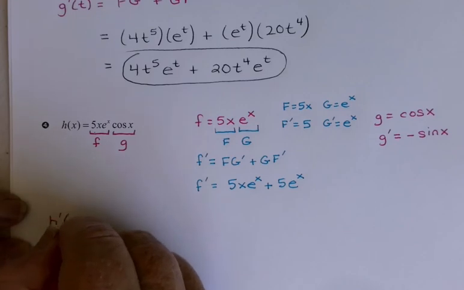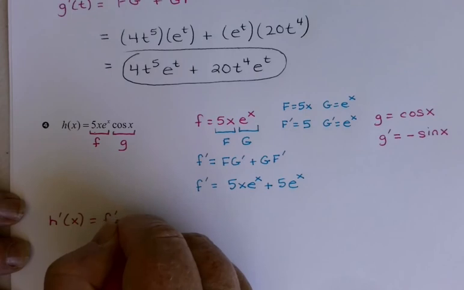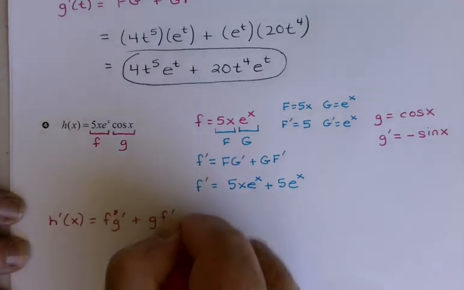So the derivative we want, h prime of x, is little f g prime plus little g f prime.